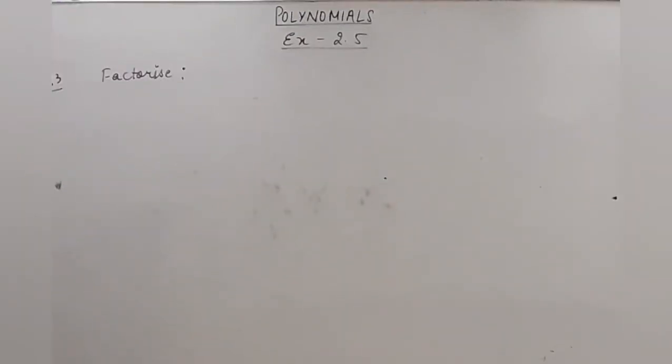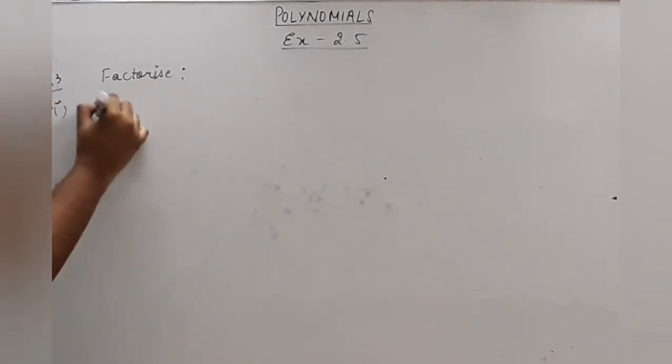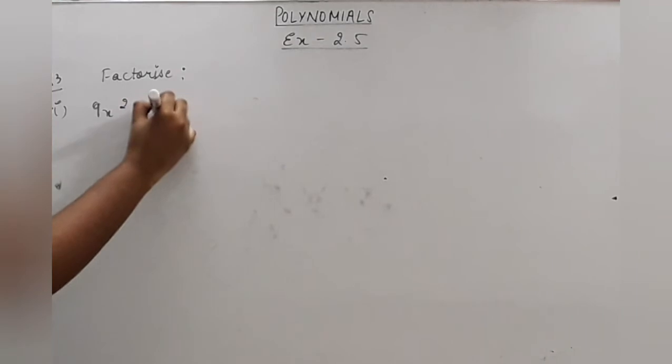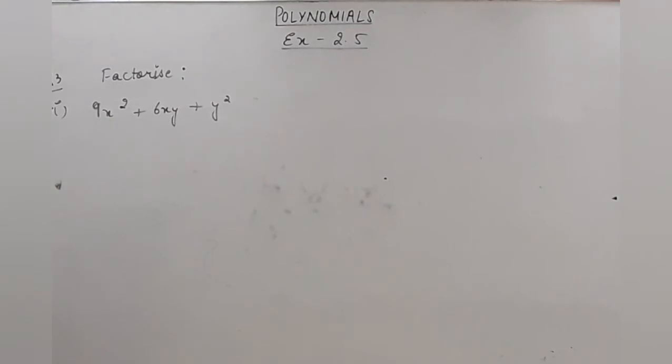Question number 3, factorize. In this question you have to factorize all the parts. Your first part is 9x square plus 6xy plus y square. If you see this part carefully, in your mind you are thinking about the first identity, that is (a + b) whole square.